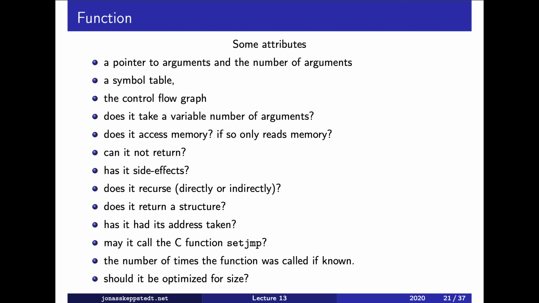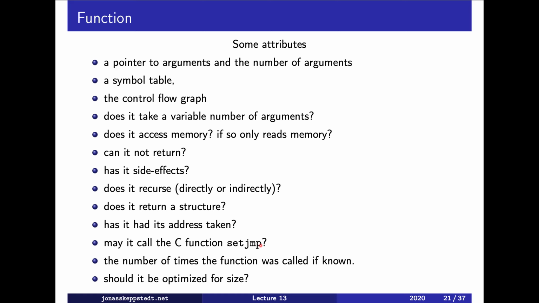And if it's a larger structure, then what usually is done is that the caller gives us an extra argument, which is the address of a structure that the return value can be stored at. So that affects how the code generation, etc. is done. If the address is taken of a function, then that can limit some optimizations.